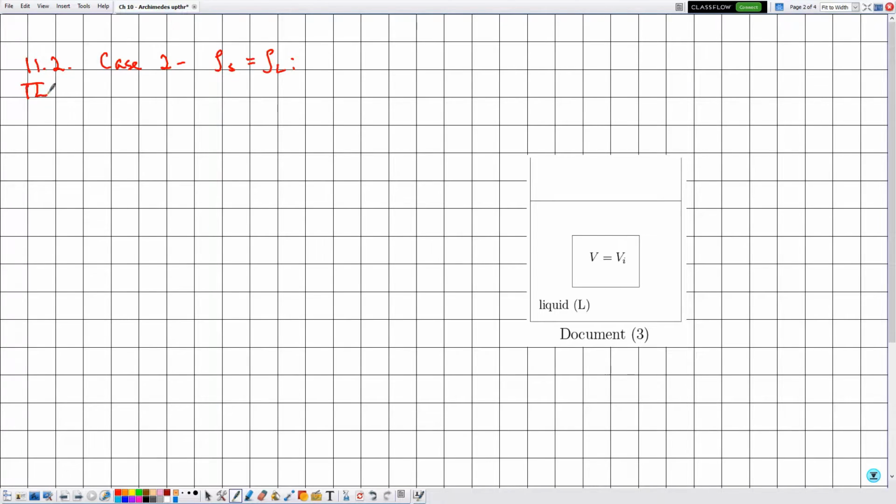So let's say the object S is completely immersed in the liquid L as shown in document 3.